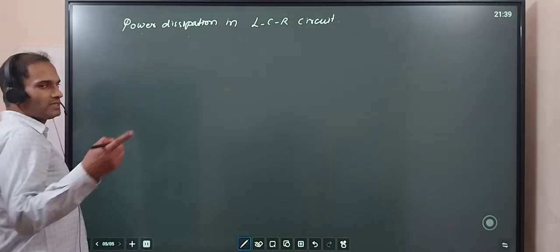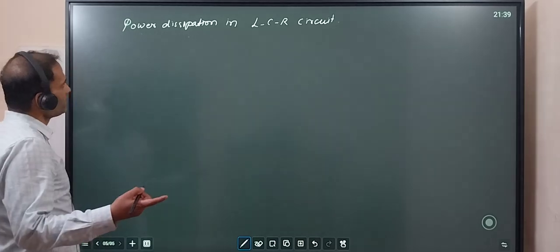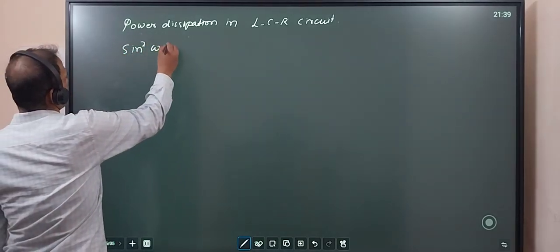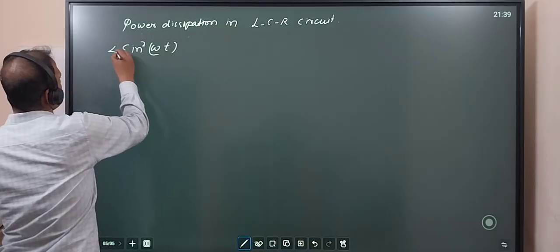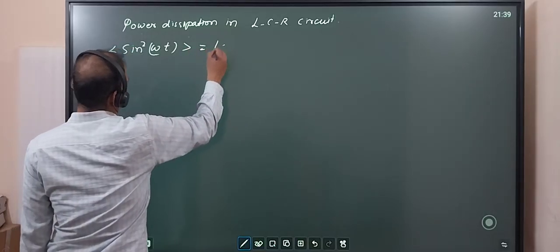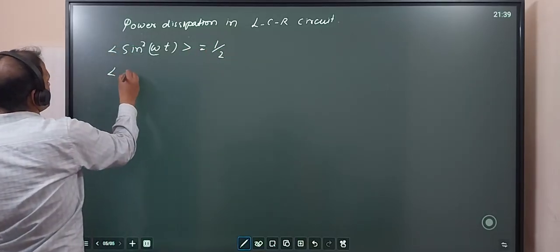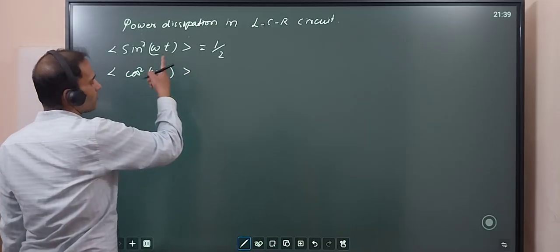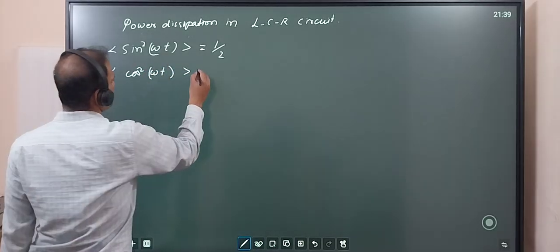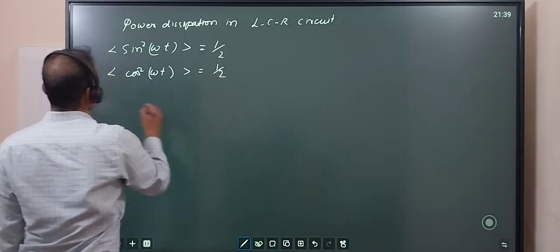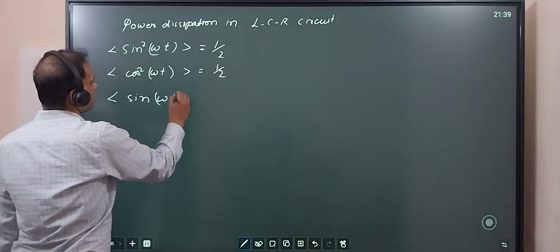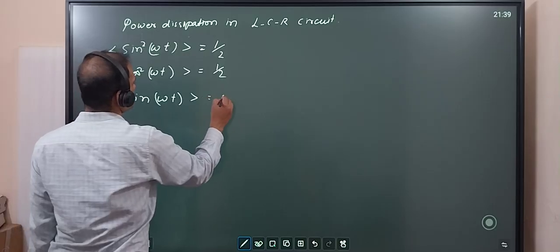One thing I would like to remind you: the average value of sine square omega t was half. The average value of cos square omega t, I am talking about one time period, is also half. The average value of sine omega t over one time period is 0.